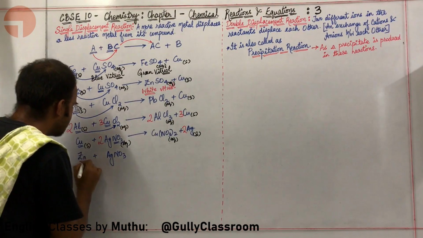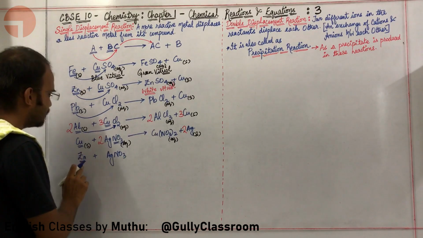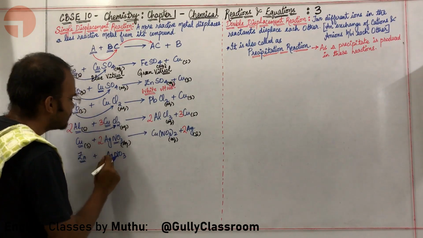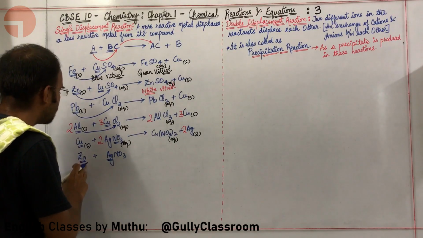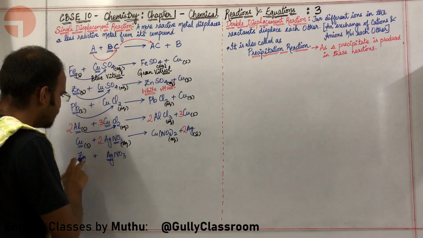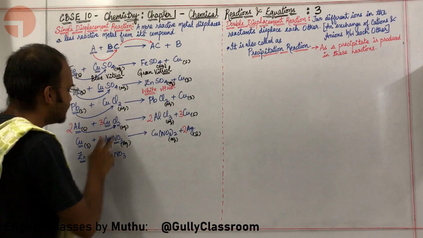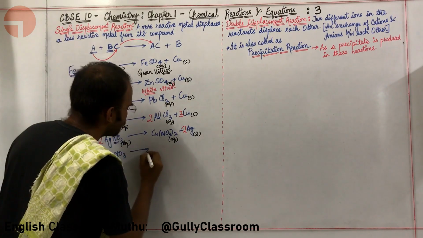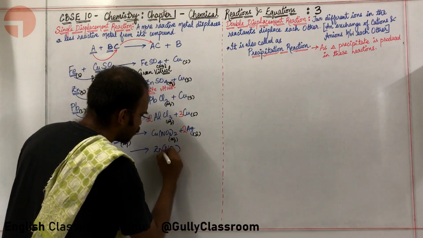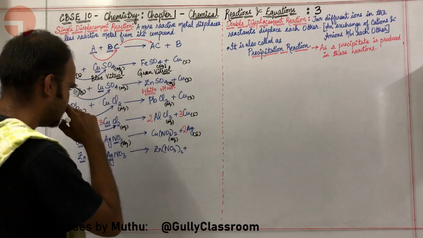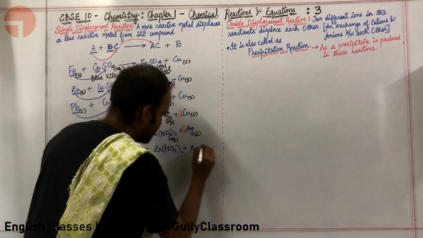So obviously zinc is more reactive than silver. So what will happen? This zinc will displace silver out of the nitrate compound, and you will form ZnNO3 twice plus Ag.